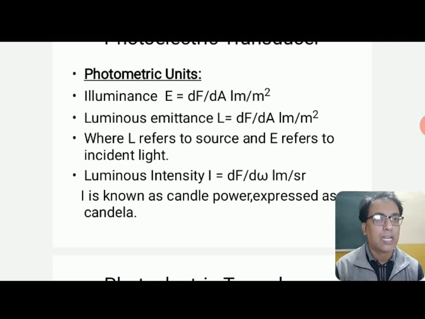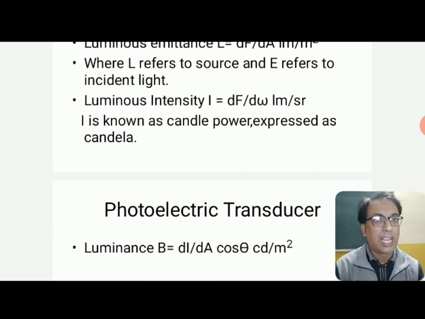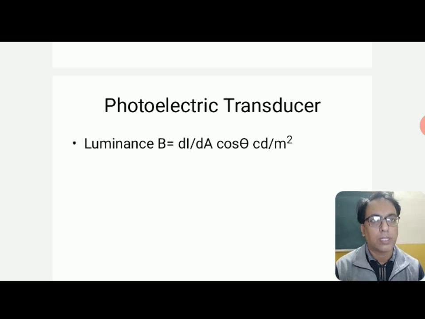I is known as candle power, which is a standard SI unit of luminous intensity, expressed as candela, abbreviated CD. Now let us move to the last photometric unit, that is luminance, which is given by B, which is dL by dA cos theta. Okay, this is luminance.